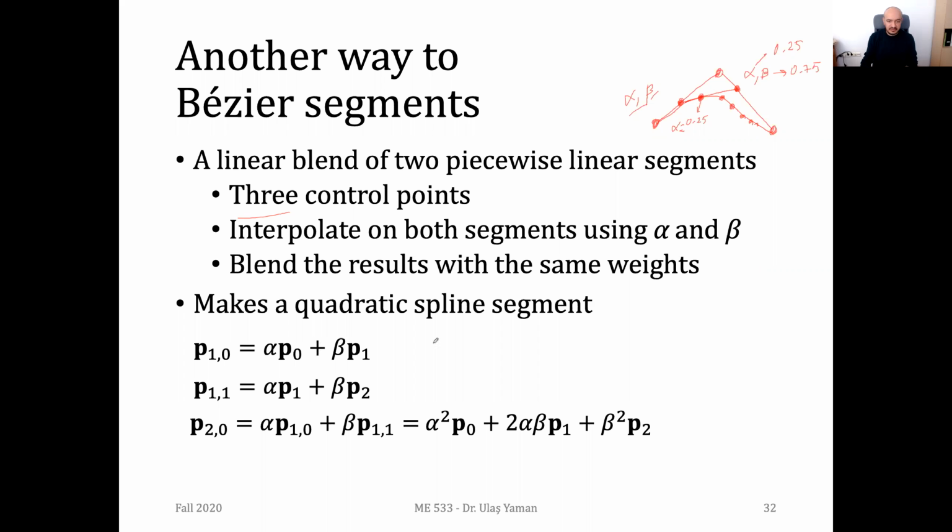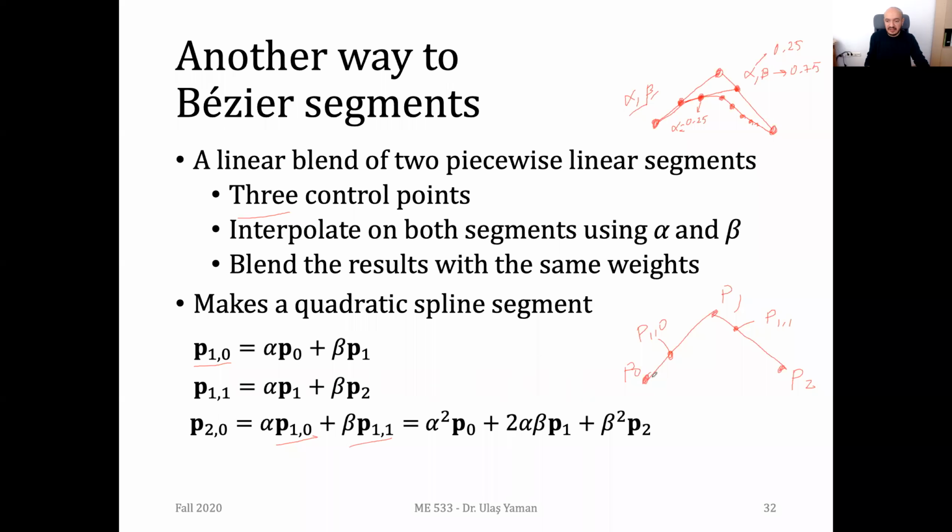So here you see, for instance, let me write how we obtain it. I can say that this is P0, this is P1, and this is P2. So what we do, we obtain P10, which should be in between these points. And then we need to obtain P11, which is between P1 and P2. Assume that is here. This is P11. And then this time, as you see, we use P10 and P11.